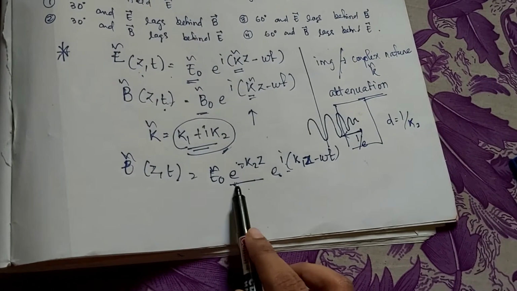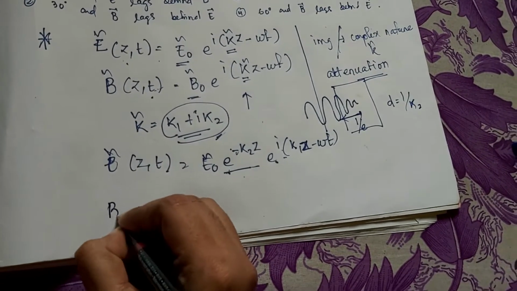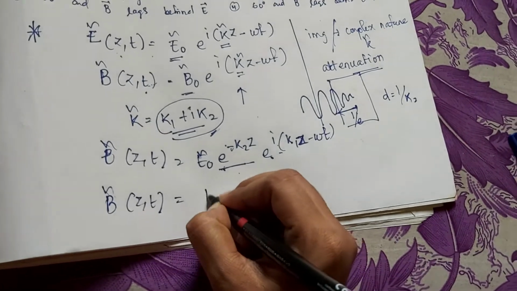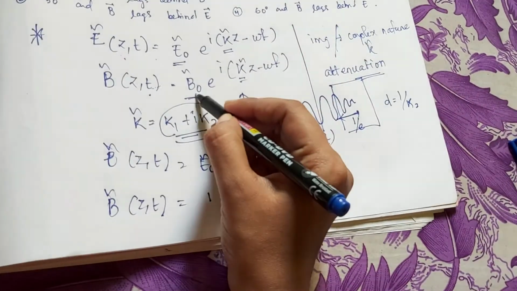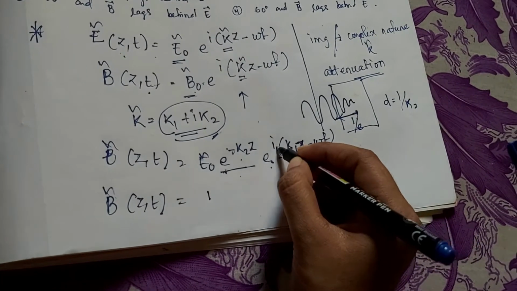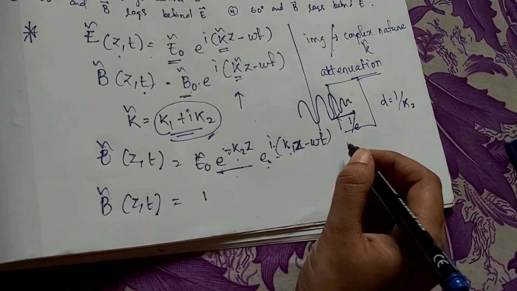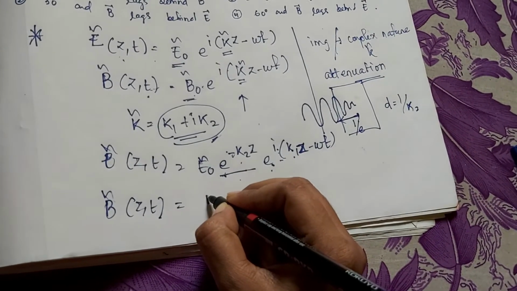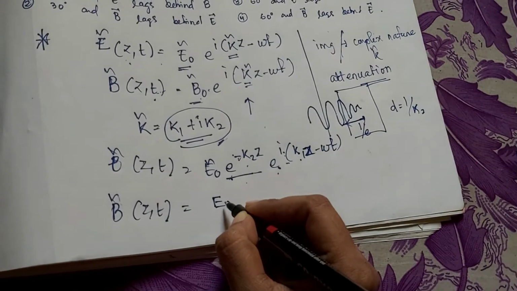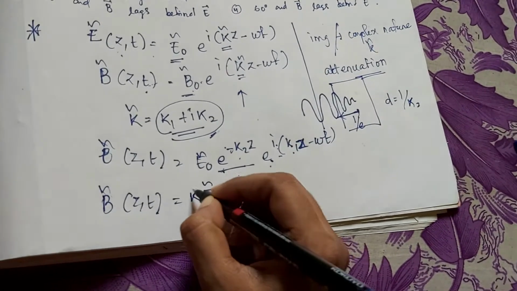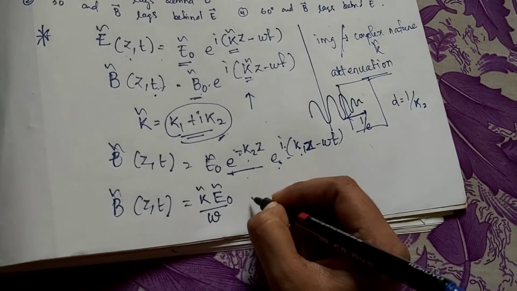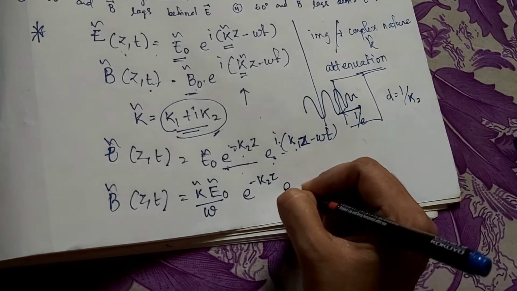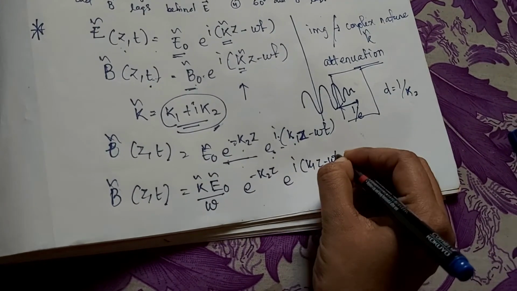Similarly, I can write the magnetic field as B(z,t) = B naught e^(-k2 z) e^(i(k1 z - ωt)). If I write it in terms of E, that becomes E naught times k-bar by ω, with the same e^(-k2 z) e^(i(k1 z - ωt)).